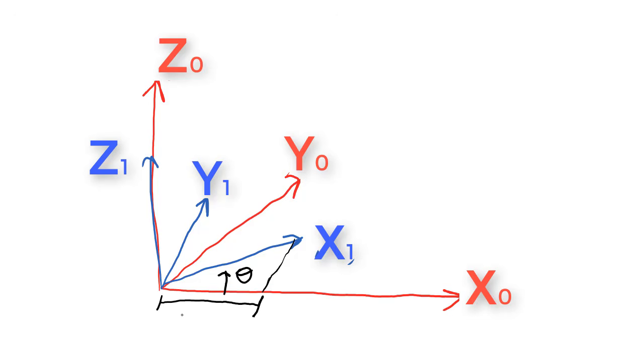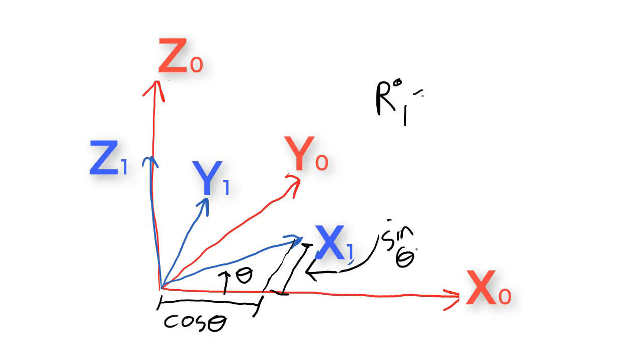So the cosine of theta is the projection of x1 on x0. The sine of theta is equal to the opposite side divided by the hypotenuse. And in this case, the hypotenuse is always a length of 1, because the axes in a coordinate frame always have a length of 1. So that means that the projection of x1 on y0 is the sine of theta.